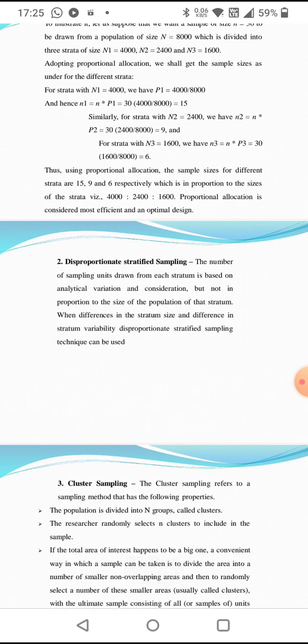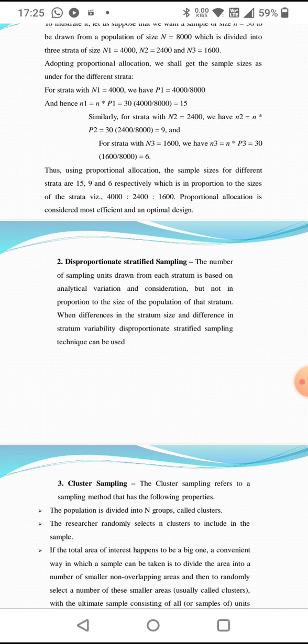In it, the number of sampling units drawn from each stratum is in proportion to the population size of that particular stratum. Disproportionate stratified sampling is nothing but the number of sampling units drawn from each stratum is based on analytical variation and consideration, but not in proportion to the size of the population of that particular stratum.